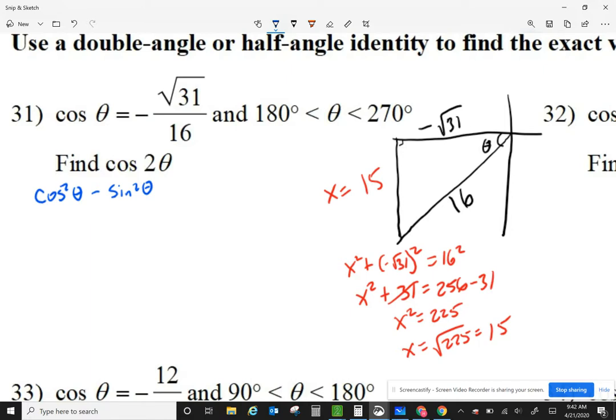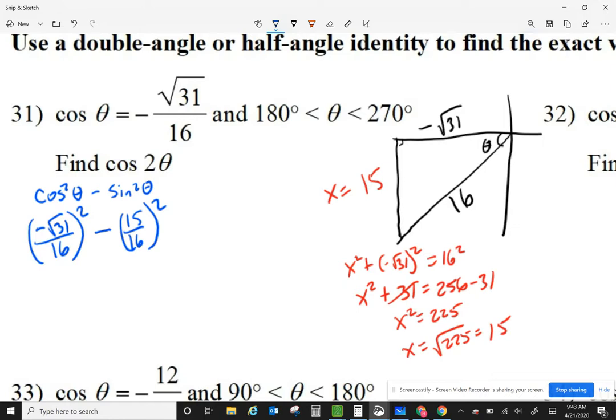Cosine of theta, I know, is negative radical 31 over 16, all squared, minus 15 over 16, all squared. Because I know sine is opposite over hypotenuse.